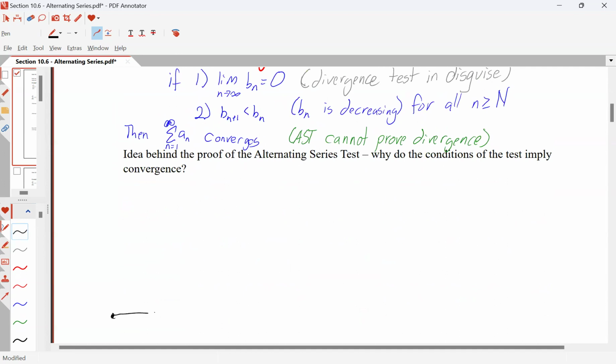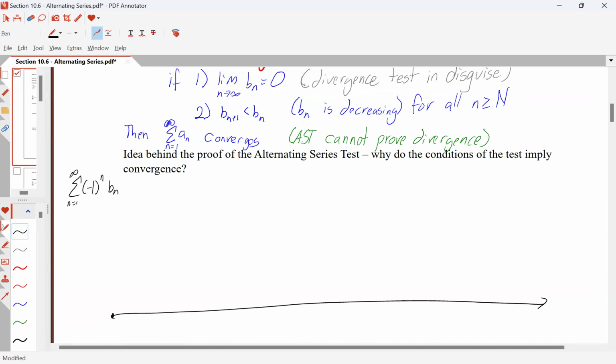So we're on some number line, and we're looking at the series -1 to the n of b sub n from n equals 1 to infinity.